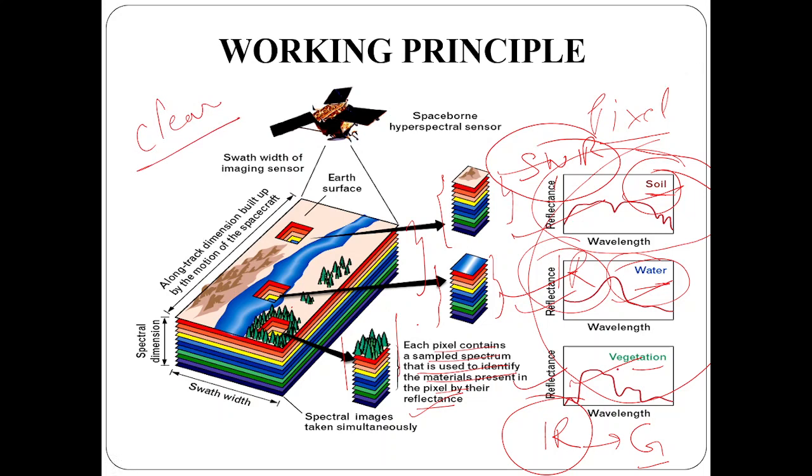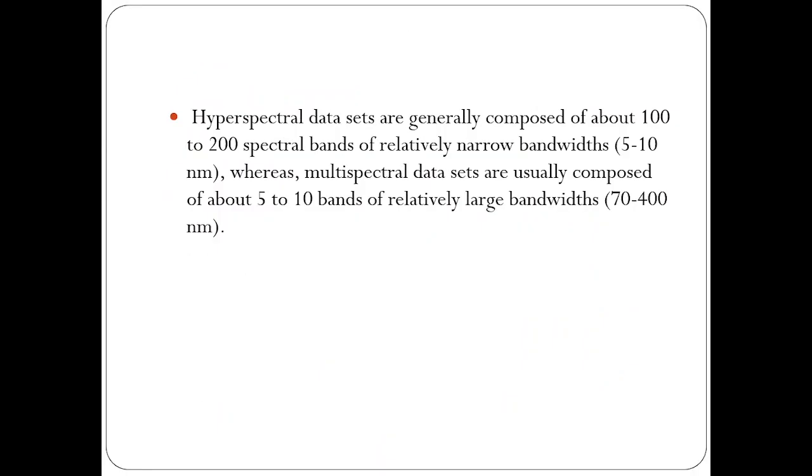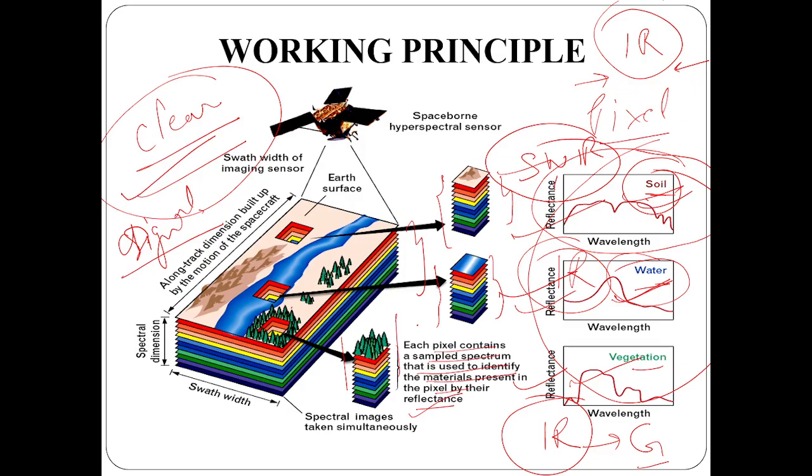If we had just used an infrared band covering short wave infrared and near infrared, we could not have distinguished soil and water properly. But due to these different narrow regions of wavelengths, we get a clear reflectance picture, a clear signal. That is a very big advantage of this kind of data set.